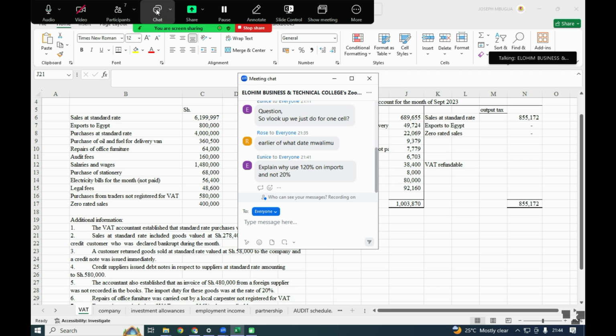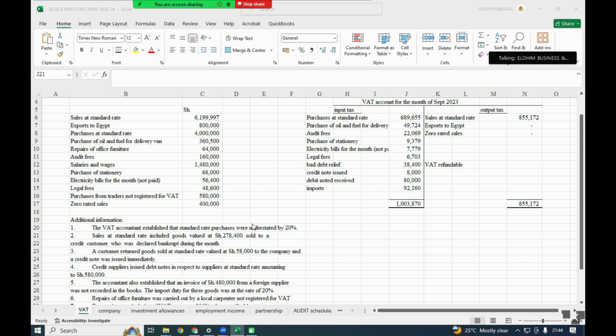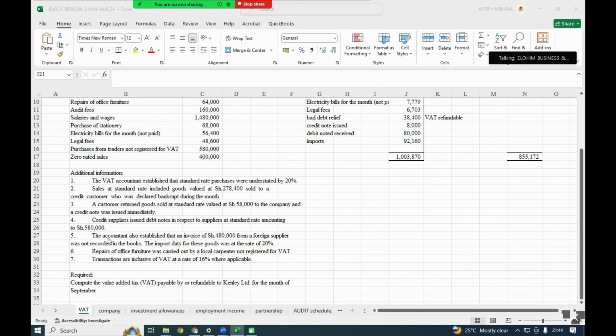Okay, so explain why you use 120% on imports and not 20%. For the importer, the 20% they are saying is that we established that 80 from a foreign supplier was not recorded in the books. The import duty for these goods was at the rate of 20%.